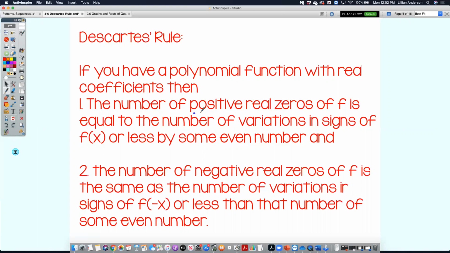So the number of possible positive real zeros is equal to the number of variations in signs of the original function, or less by some even number. And the number of possible negative real zeros of the function is the same as the number of variations of signs of f of negative x, or less than that by some even number.